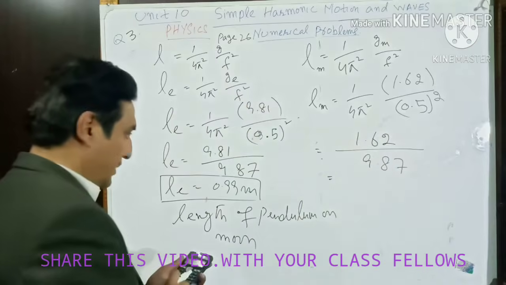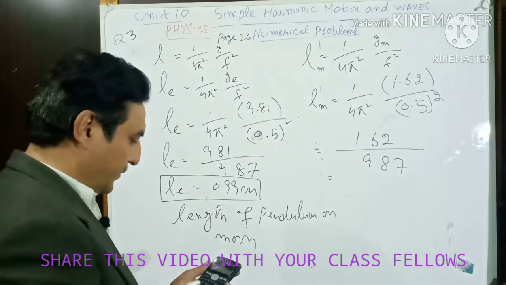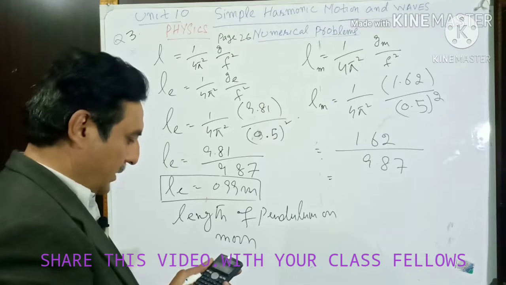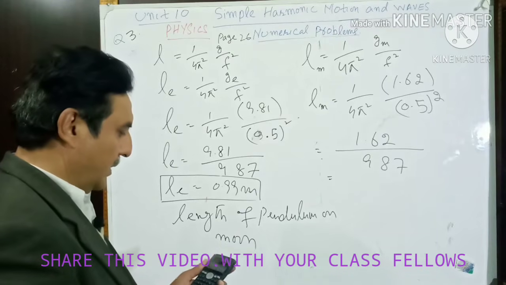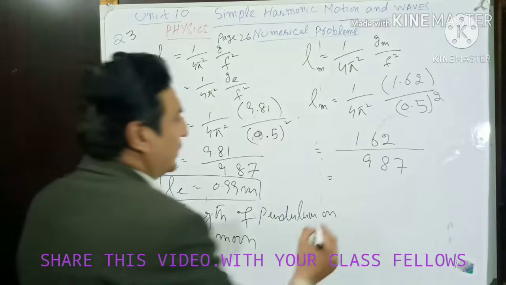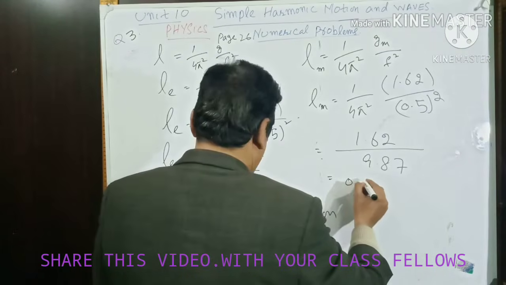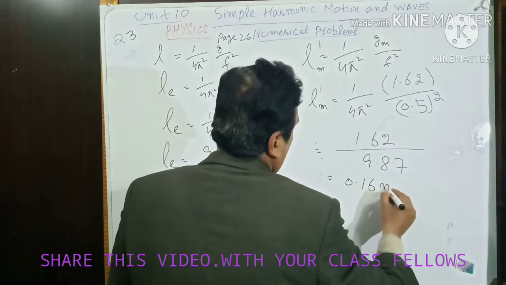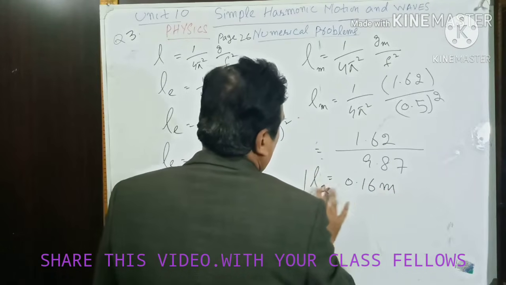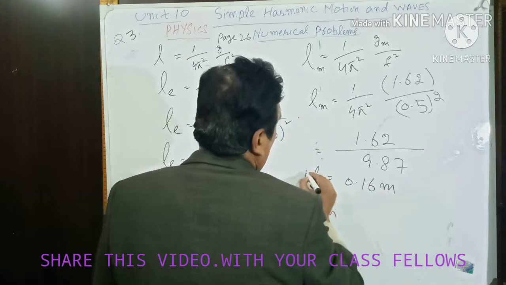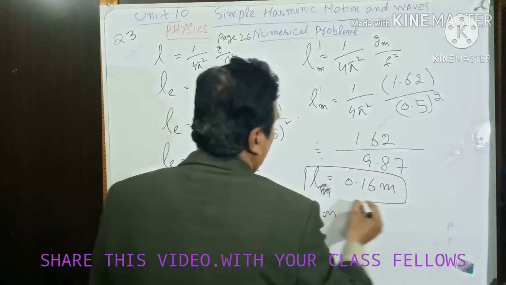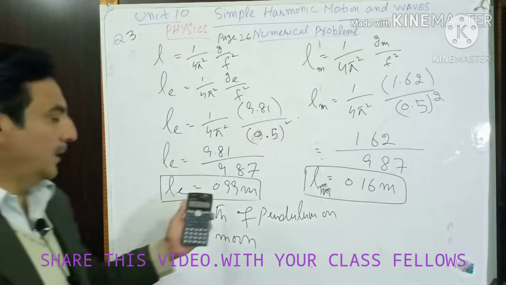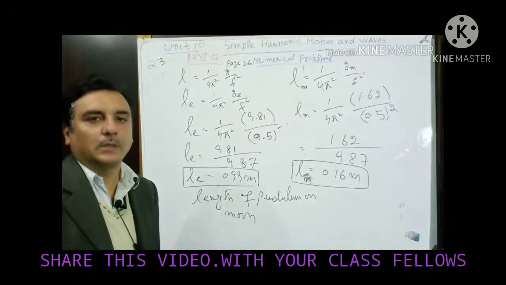So, divide 1.62 divided by 9.87. We get 0.16 meter. The length of the pendulum on moon is 0.16 meter and on the earth is 0.99.